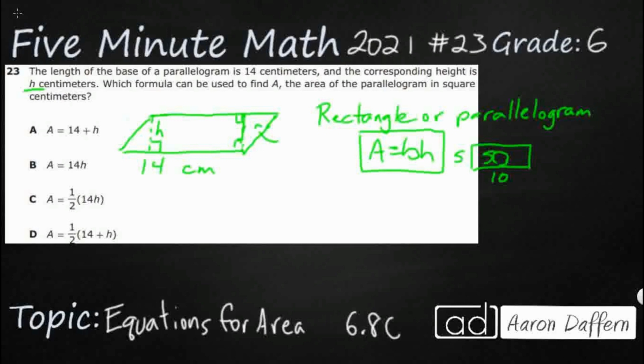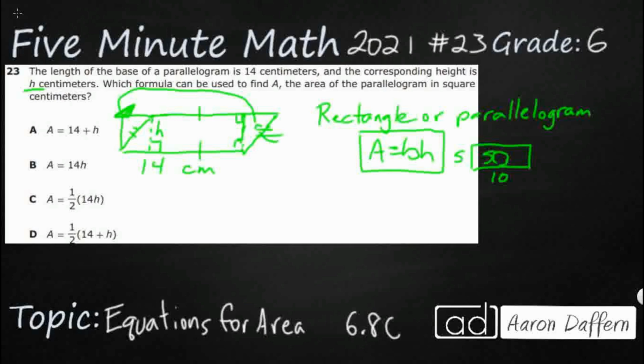So what you can do with a true parallelogram, remember it's got to be a parallelogram, so that means this side is parallel to this side, and this side has to be parallel with this side. So it has to be a true parallelogram. You can actually take this side, cut it off, and mentally rotate it and bring it over here. And guess what you're going to get?